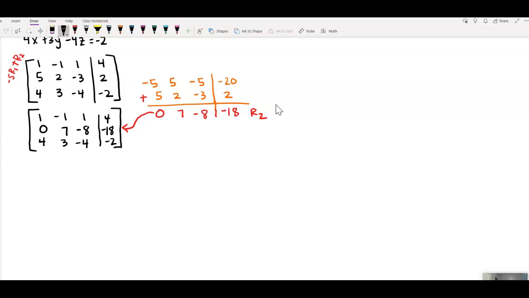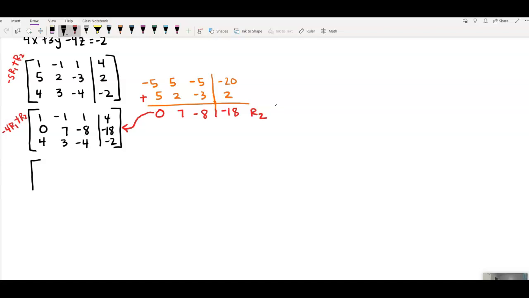All right, so if I make this into a 0, again, I'm going to do something similar to what I did here. I'm going to use row 1, but this time I'm going to do -4 times row 1, and then add it to row 2 to make my 0. Sorry, did I say row 2?